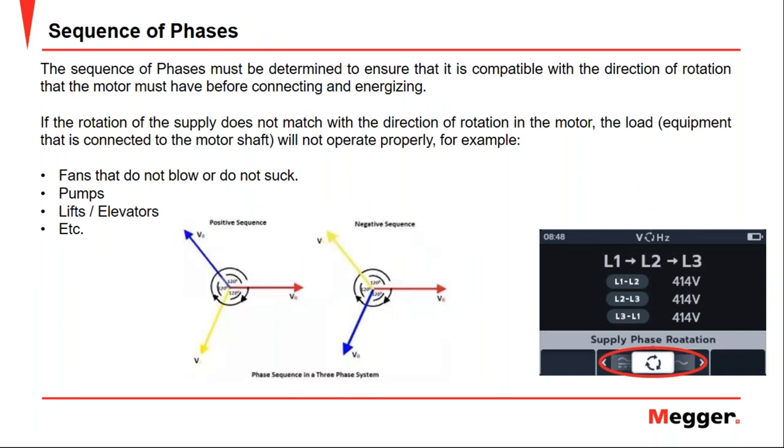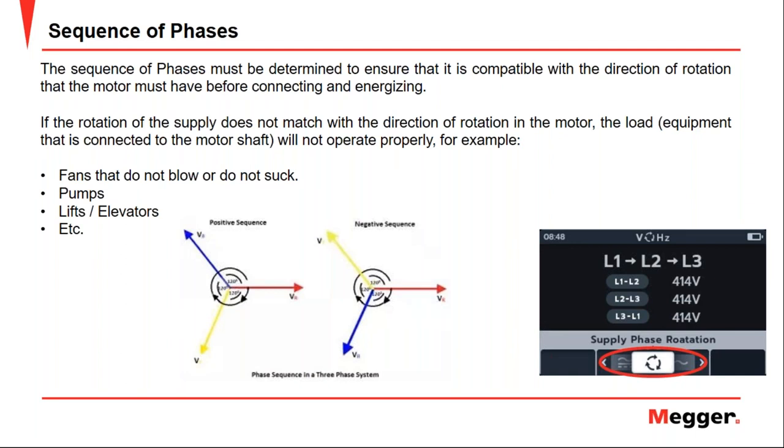Before connecting the motor, we must identify the phase sequence of the power supply to make sure that the motor is going to rotate in the direction that the load requires. If the rotation of the supply doesn't match the motor rotation, the load equipment connected to the motor shaft, whatever it is, will not operate properly.